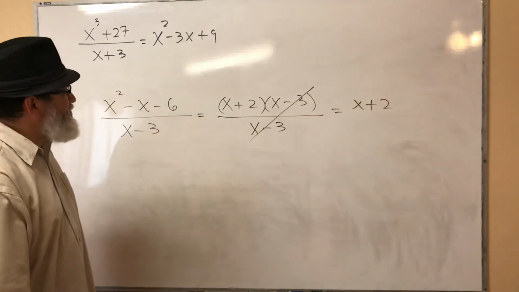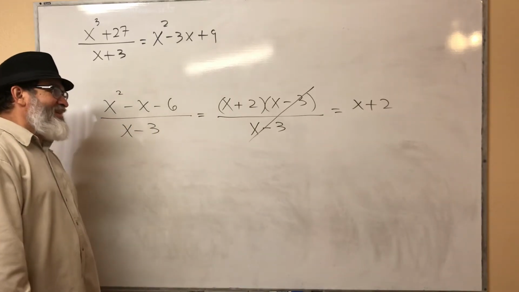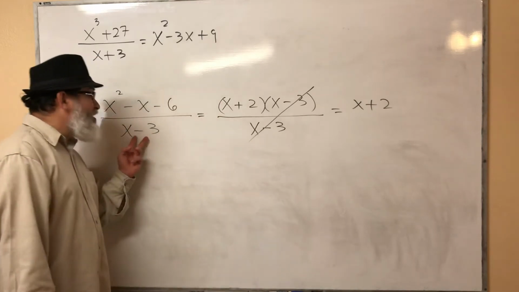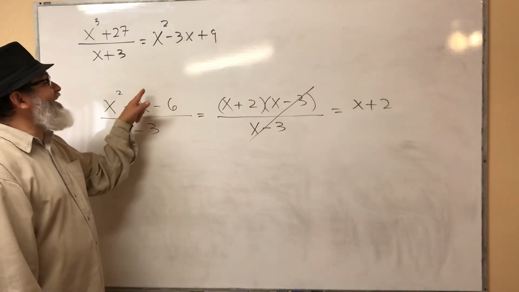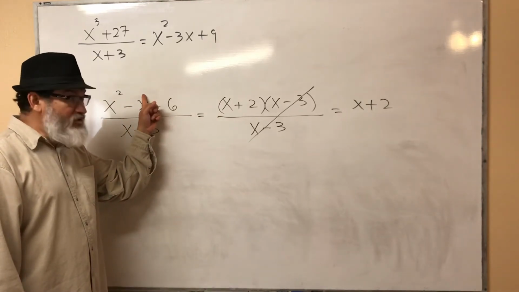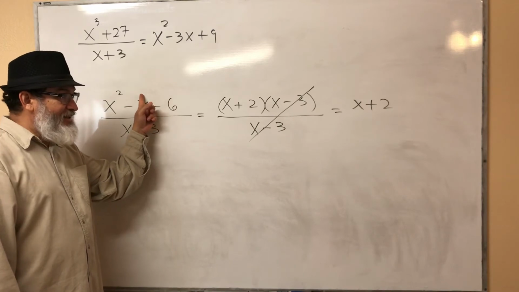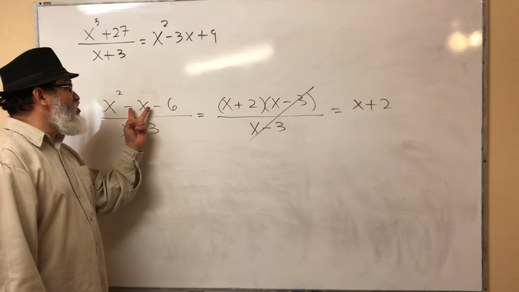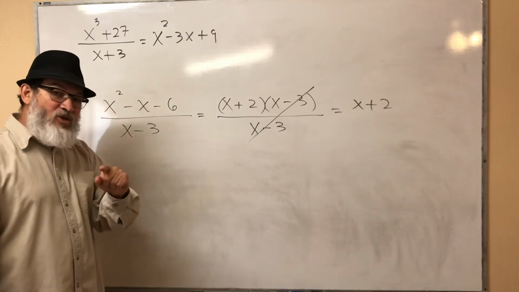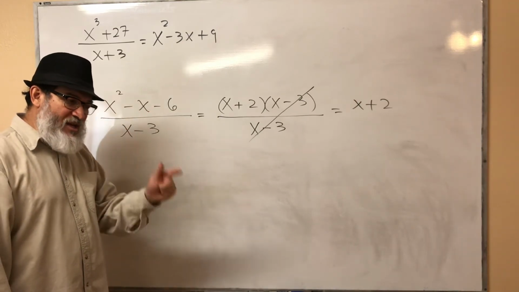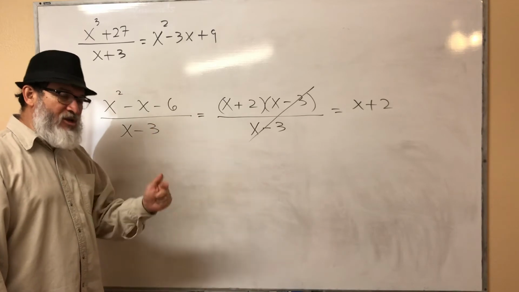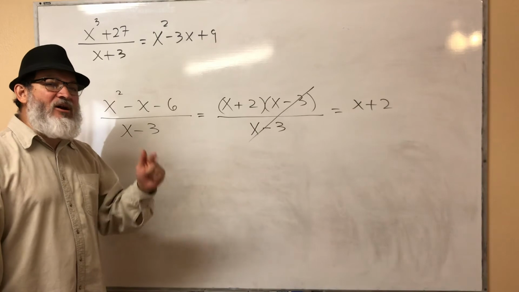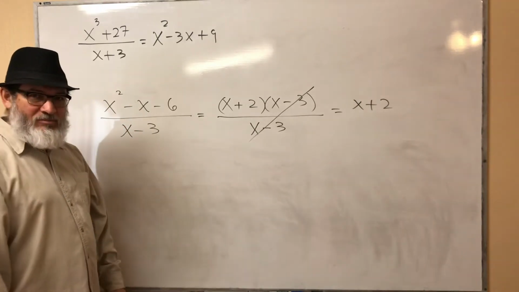Wow. Okay. Because this denominator is also a factor in the numerator, I bet you if we do either synthetic division or long division, we are gonna get a remainder of 0.